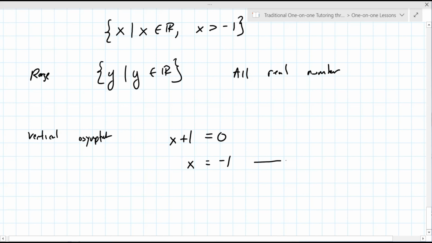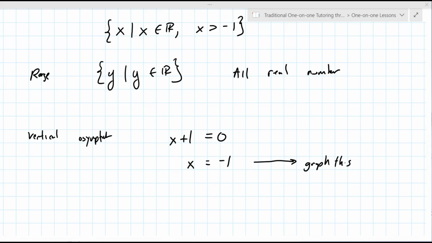You should immediately go and graph this. The next one I said don't go to the end behavior, graph it first.